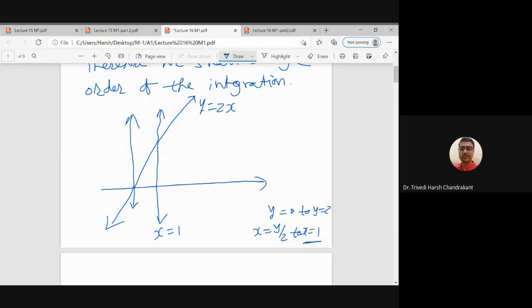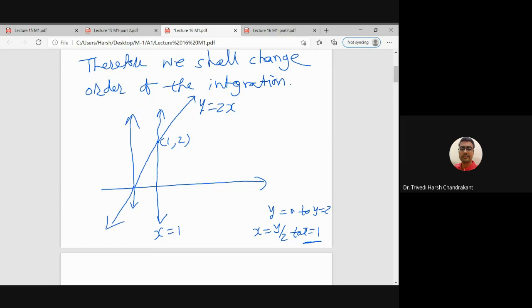So what will be this point? Here we have x is 1, and since it is on the line y equals 2x, the value of y is 2 times x, so that will give us the point 2. So our region is between y equals 0 to y equals 2, right?